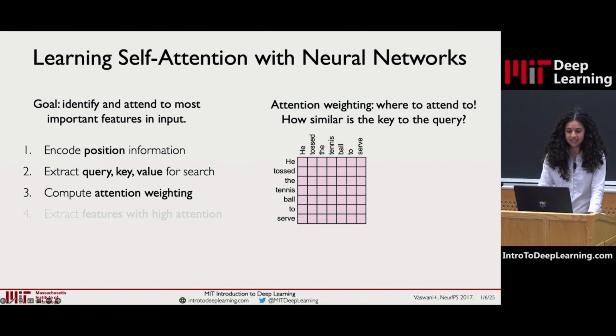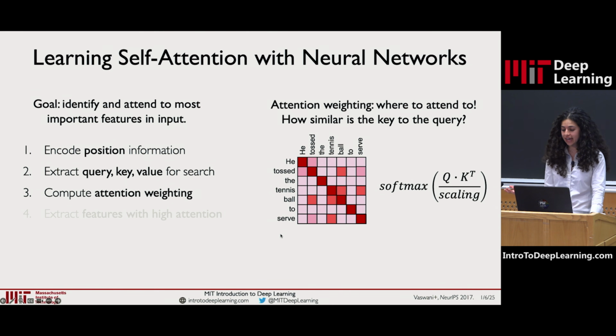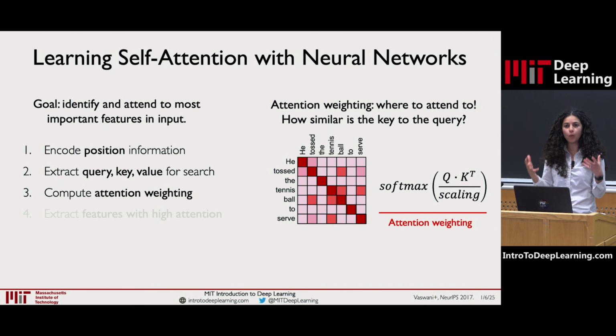So if we have this example, he tossed the tennis ball to serve, let's say we've computed our query and key matrices and applied a scaling. We can then apply a function called a softmax to basically squish these values between 0 and 1. And now this gives us a matrix that gives us a relative weighting of how those individual components in the sequence relate to one another.